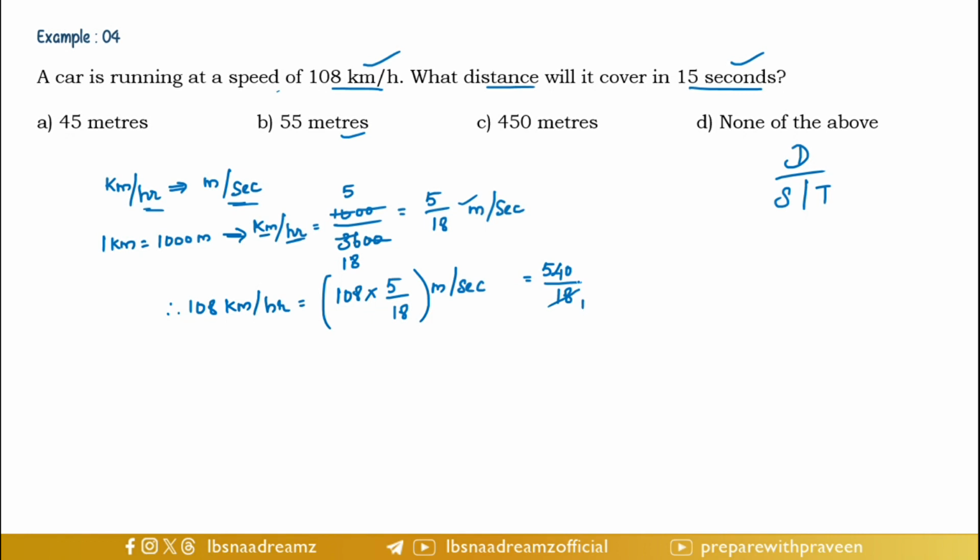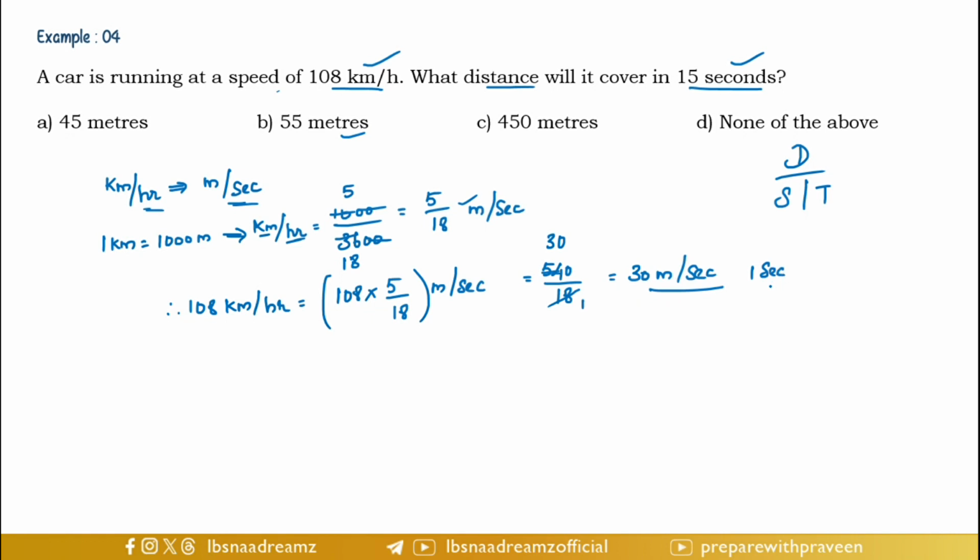So 1 18 is 18, 3 18s are 54, 0, that is 30 meter per second, which is the car can cover 30 meter per second in 1 second, right?